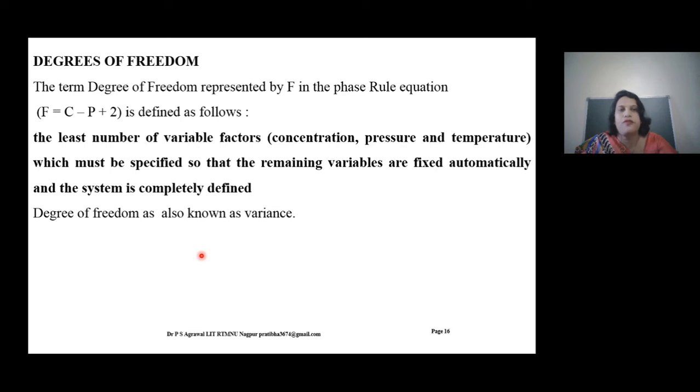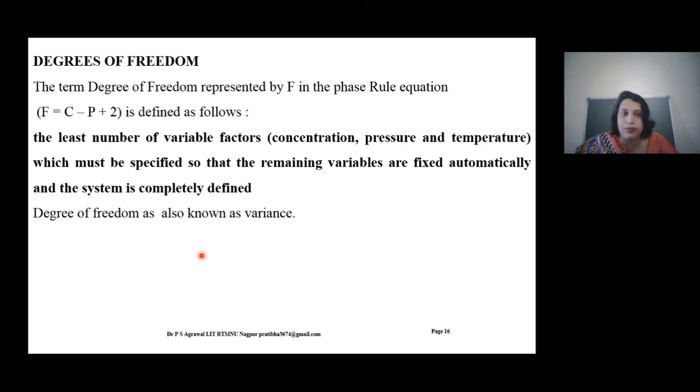Now come to the degree of freedom. In the phase rule, F is equal to C minus P plus 2. The degree of freedom is the least number of variables which is required to define the system completely. For example, if someone is asking for an address, you can tell 100 words, but a smart boy will just take help of 2 or 3 words and the whole address can be given.